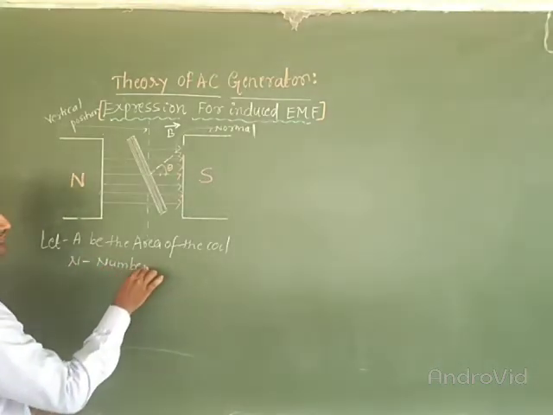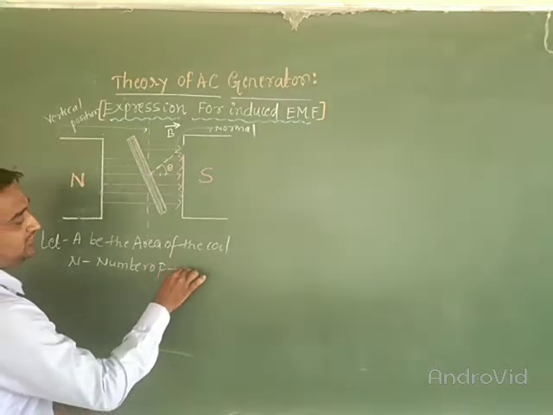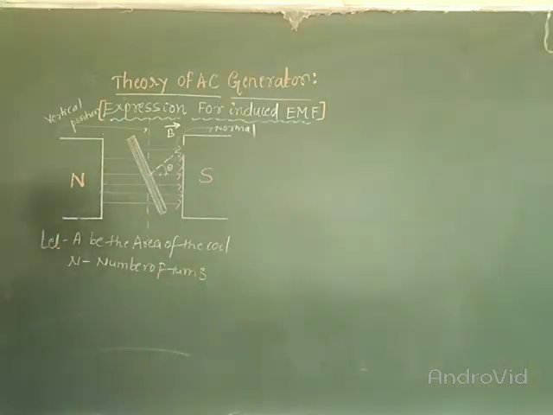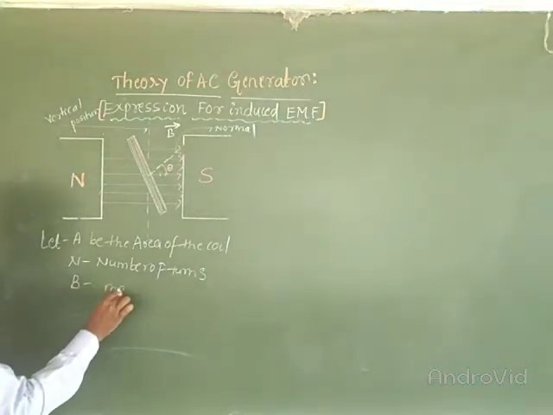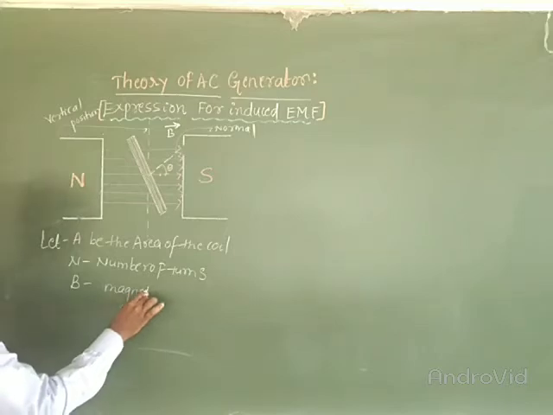N is the number of turns used in the coil, and B is the magnetic field.